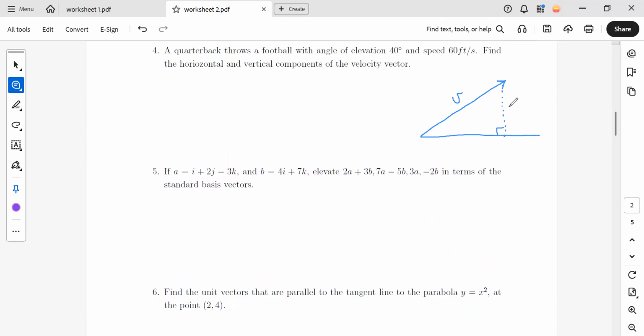So we can call it V component, vertical component, and this one horizontal component. And let's say this is alpha, 40 degrees.